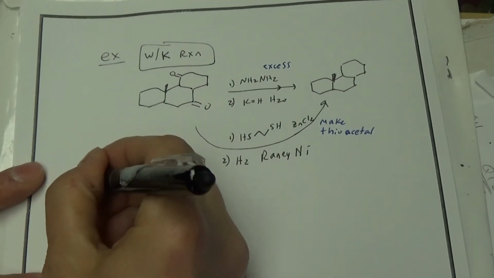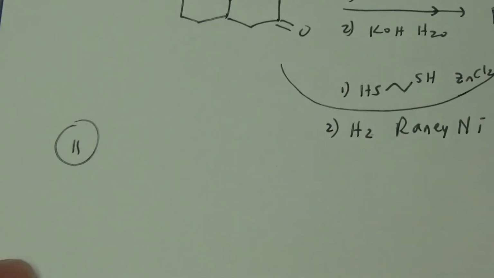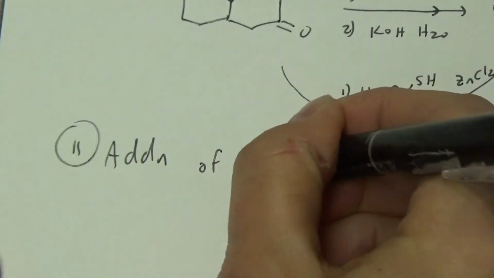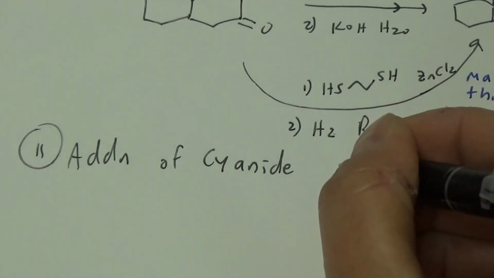Okay, so this is a pretty easy topic, but we just got to mention it. Number 11 is addition of cyanide. So cyanide means CN minus, essentially.